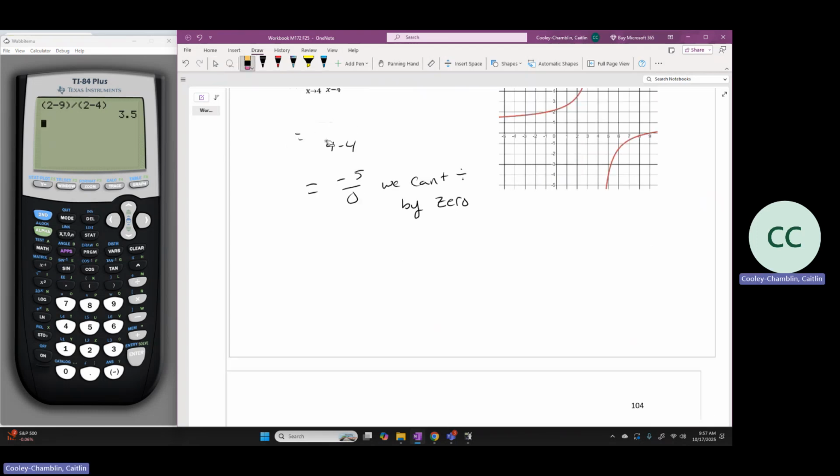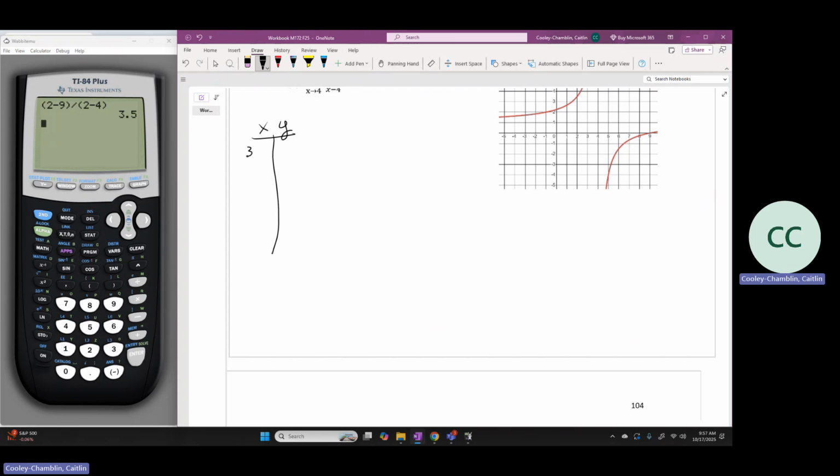So I'm just going to erase this so I have enough room. If I make a T-table, I'm going to look at what x is doing when I'm getting close to 4 from the left-hand side.